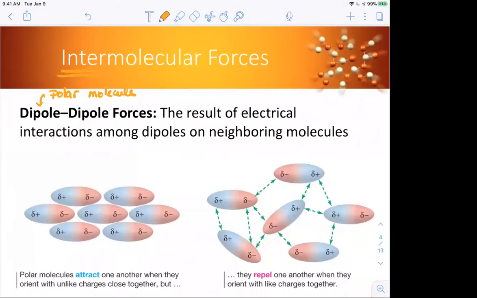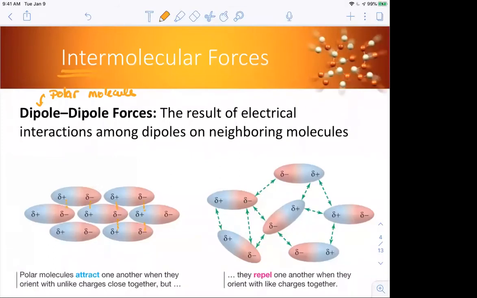So my polar molecules are going to attract one another when they orient with unlike charges close together, right? So here I have this negative with the positive with the negative with the positive with the negative, and so on and so forth.